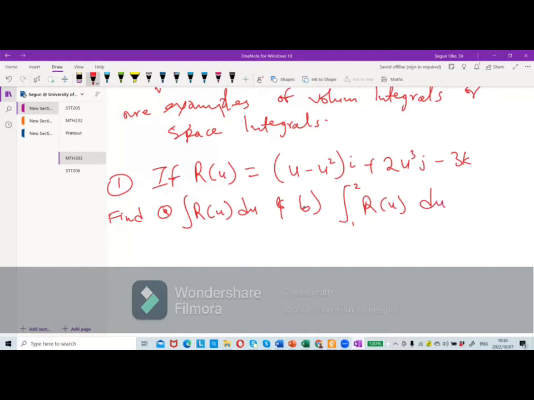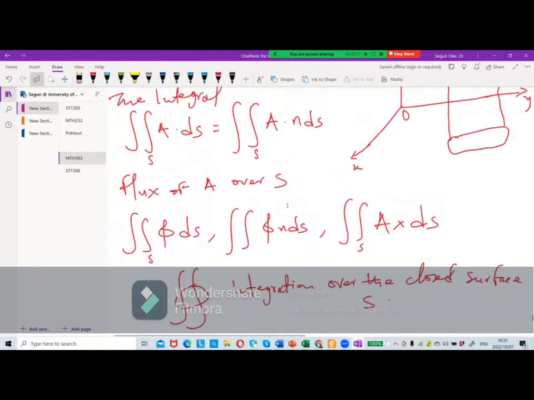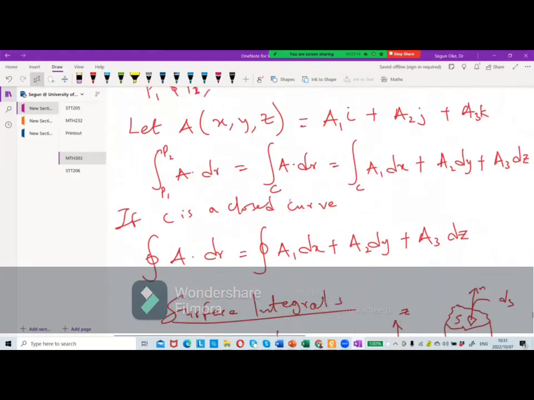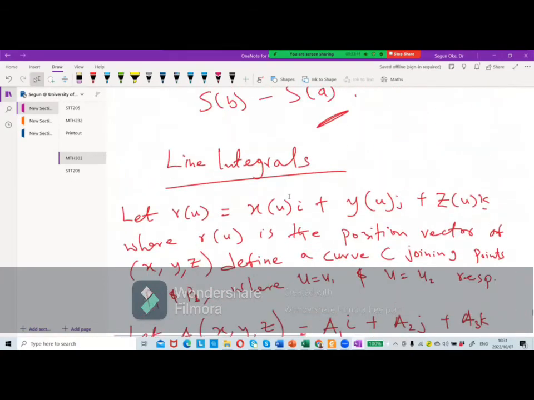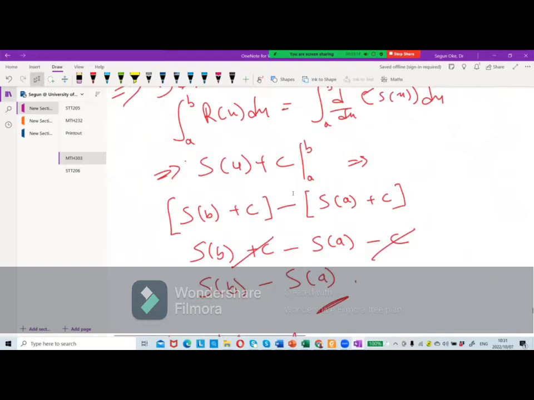Please, when you have 1 here, what does it represent from the one I gave you? Somebody should talk, please. What does 1 represent?